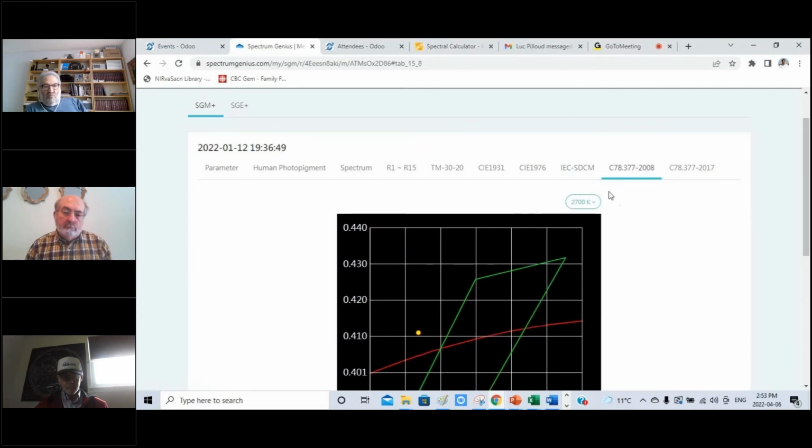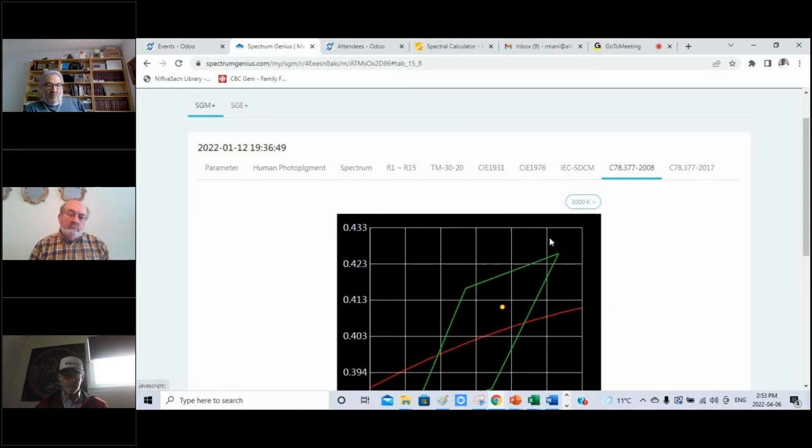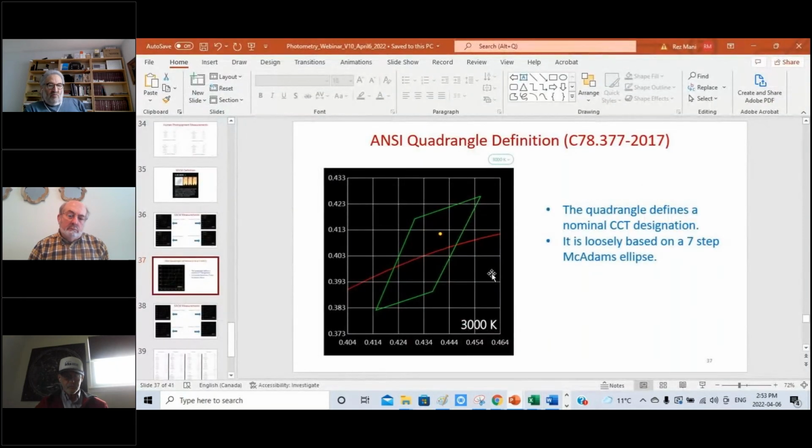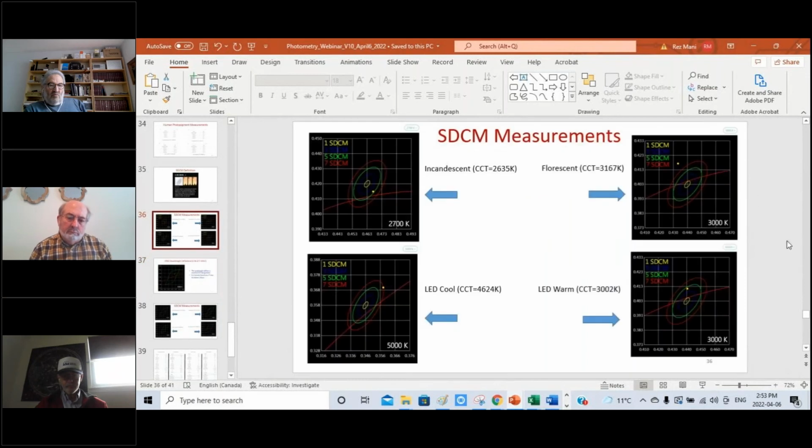Similarly, for the ANSI plot, for this one, I have to choose 3000, and this would bring it within this quadrangle. This quadrangle loosely defines the 7 SDCM scale. So these two are kind of equivalent to each other, but this one has more details than this one.